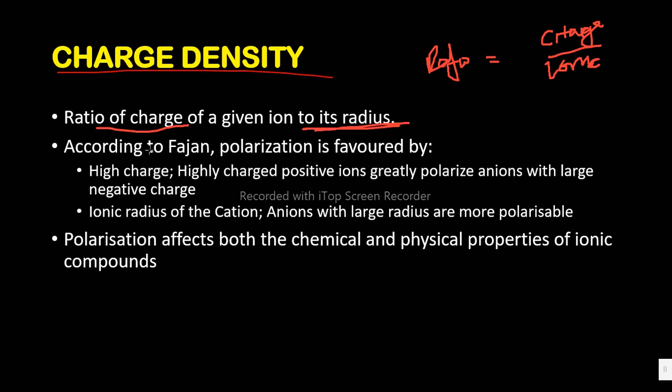And what does that mean? It is Fajans who first studied the charge density, and he told us about polarization. Polarization means the distortion of the ionic cloud on a given atom or element by another element.